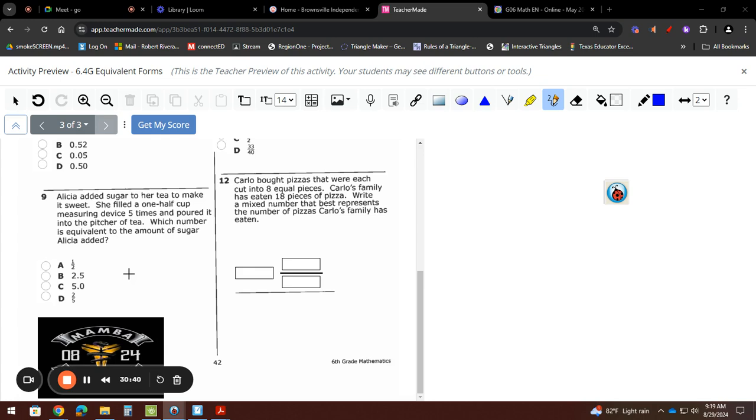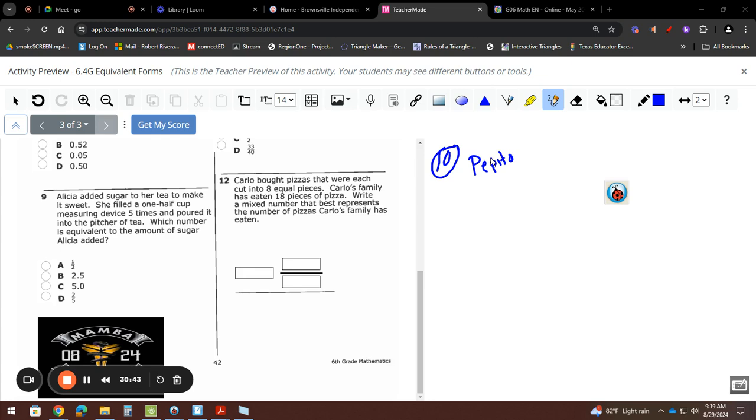So I'm going to make up another story about Pepito. Pepito is going to make some lemonade instead of tea. She filled a 1/2 cup measuring device 5 times and poured it into the pitcher of tea.